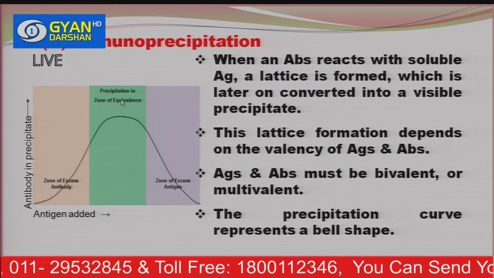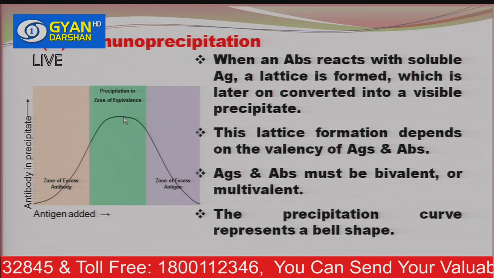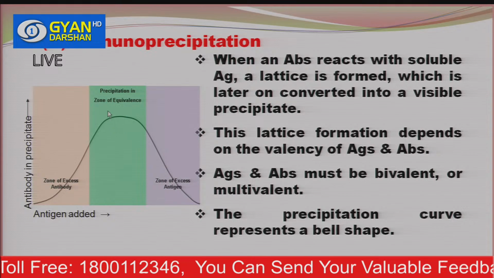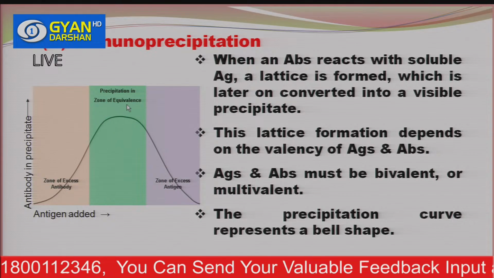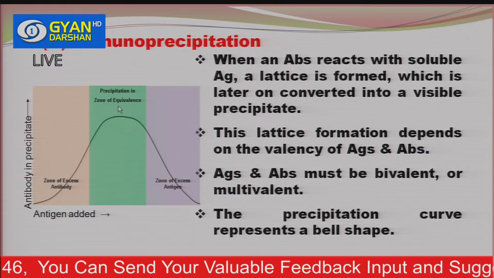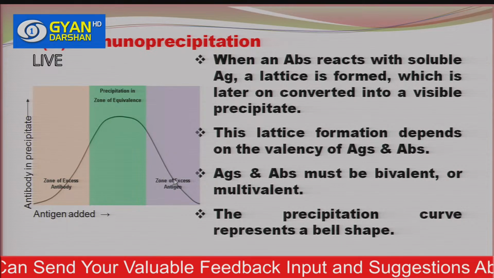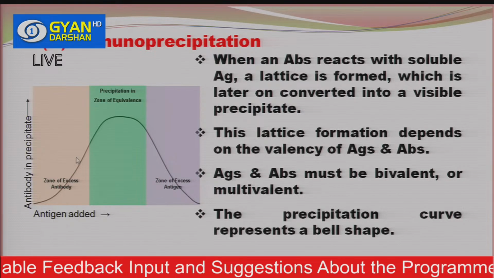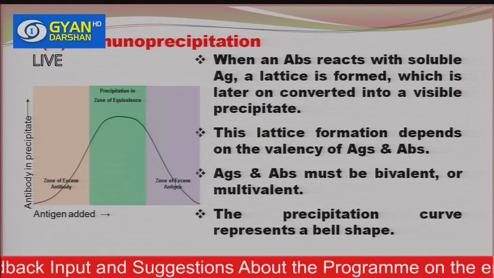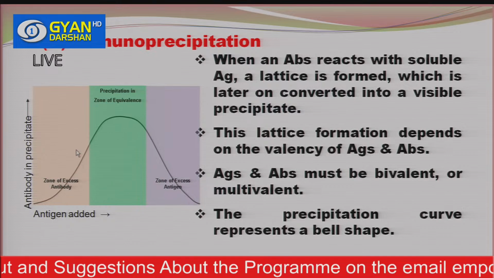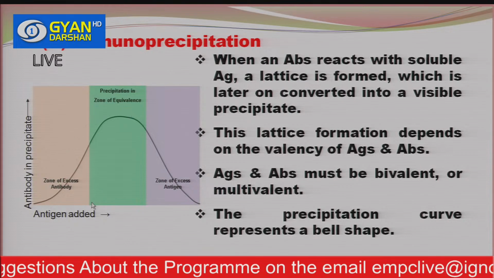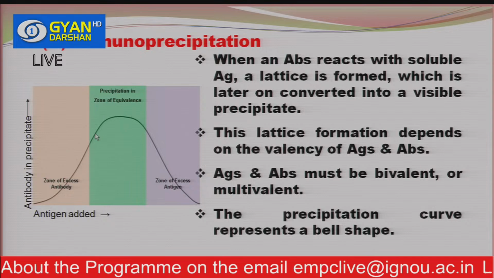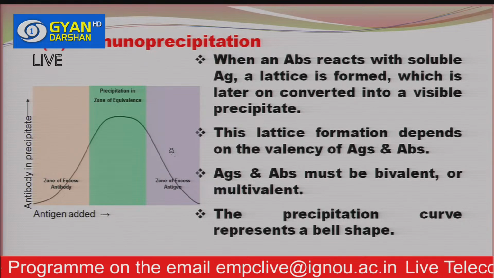Here the antigen and antibody are equal, they will bind together, and their concentration would be the same. Here is the zone of excess of antigens. So you will get the bell-shaped curve of immunoprecipitation. This is a very important curve that you need to understand.